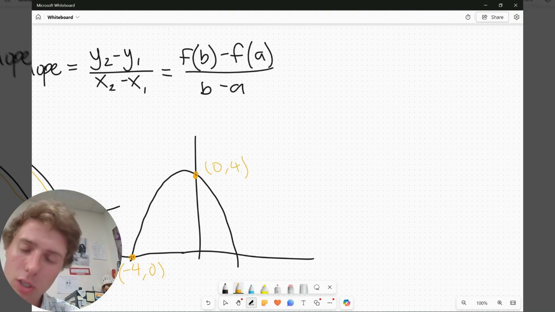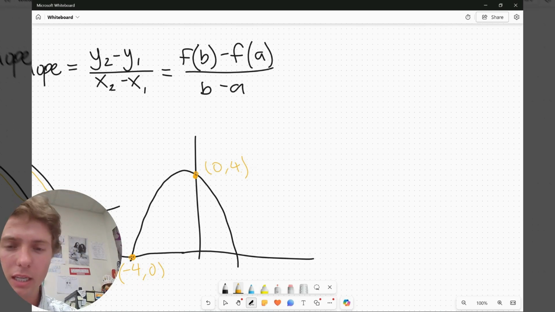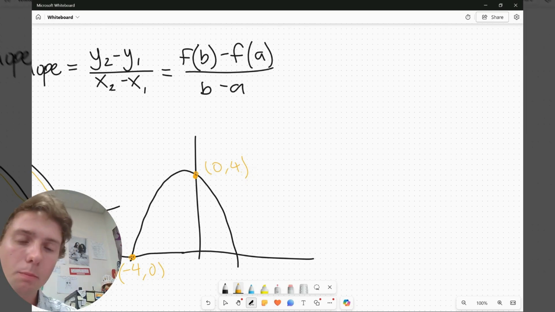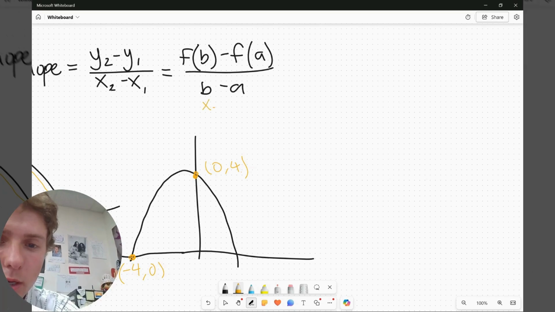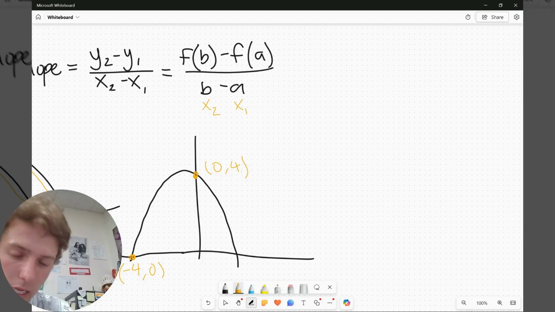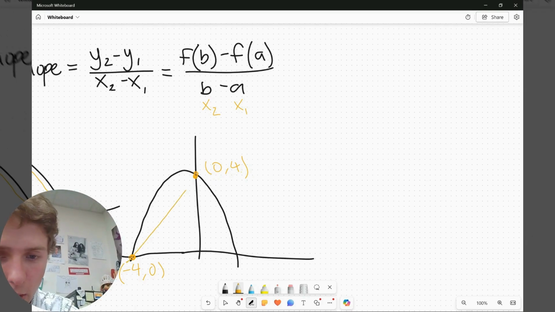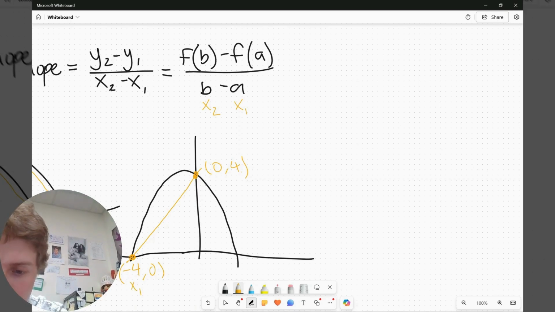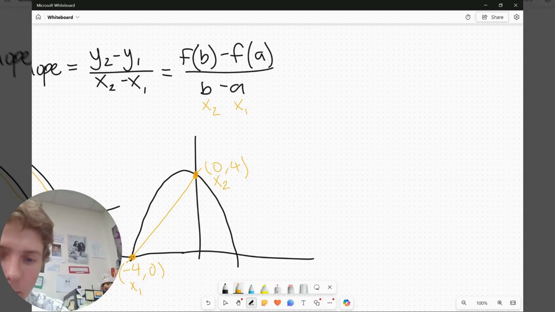Well, if you use your slope formula, you can find this pretty easily using your x's and your y's. But we need to be able to get used to our function notation. Well, a and b, those are really just your x's, x2 and x1. We'll take these 2 coordinates to find the slope or the rate of change between them. We know the x's are -4 and 0.